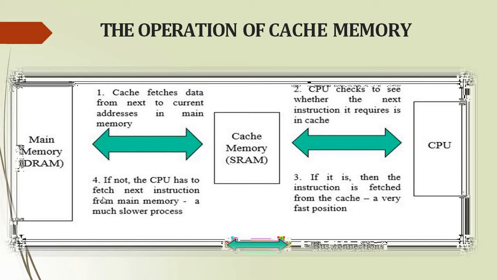Fourth, if not, the CPU has to fetch the next instruction from main memory, a much slower process. So cache memory acts as an interface between the CPU and the main memory.